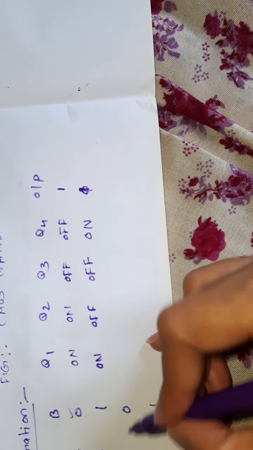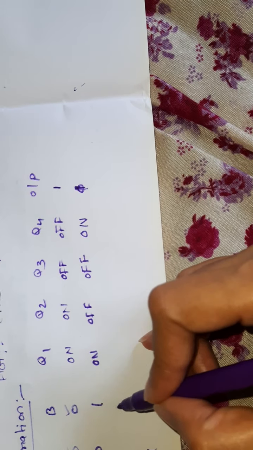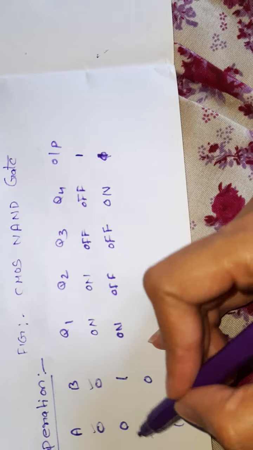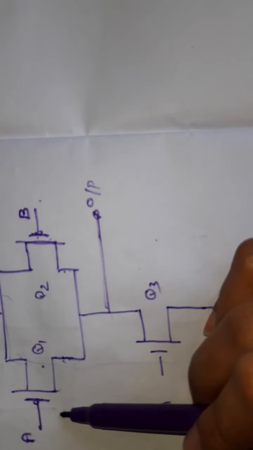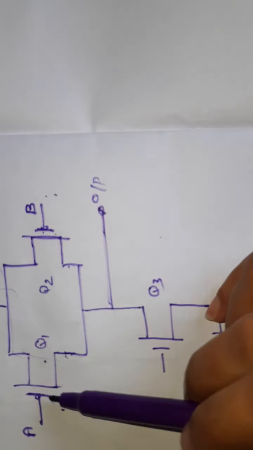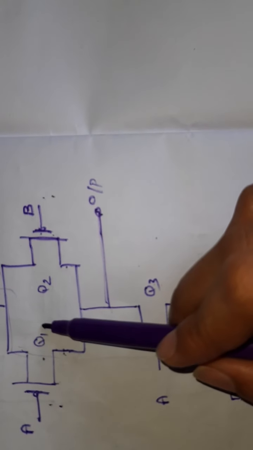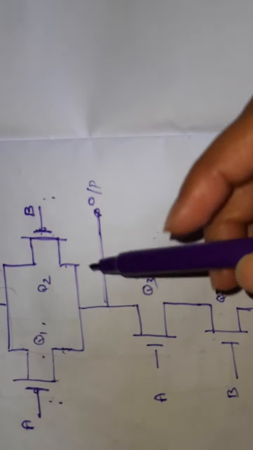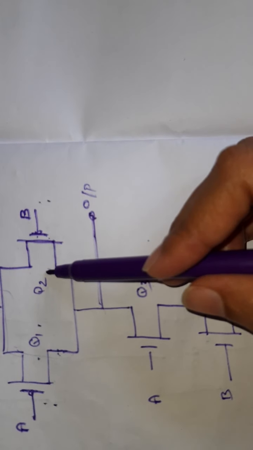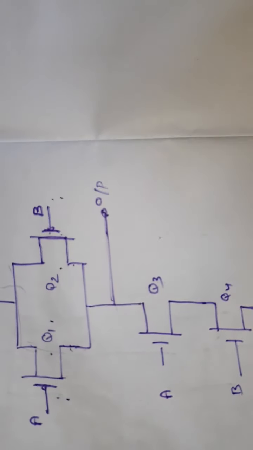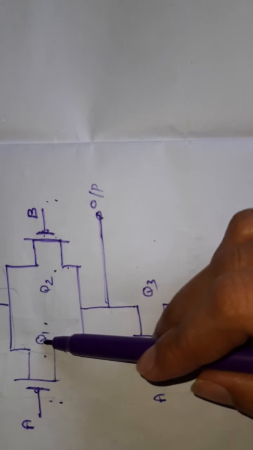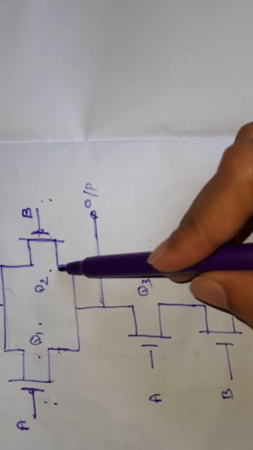So next combination, 1 0. So 1 0 means here A is equal to 1 and B is equal to 0. So when A is equal to 0, the Q1 transistor is on and Q2 transistor is off, and Q2 transistor is on.